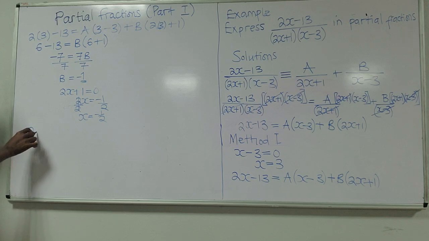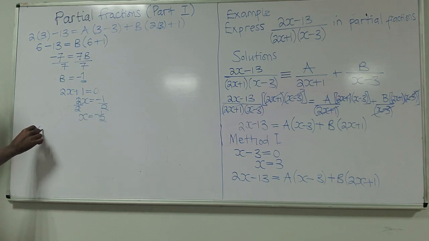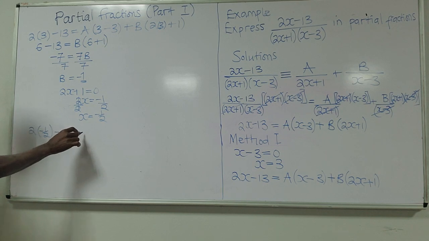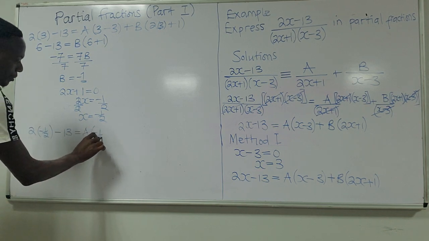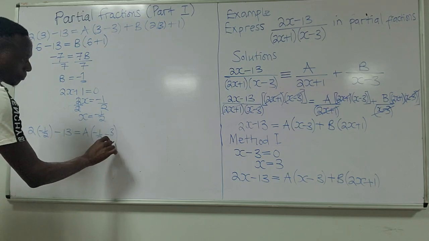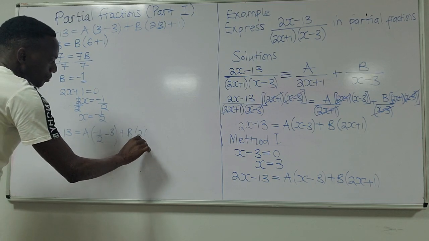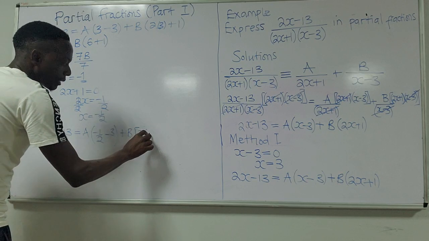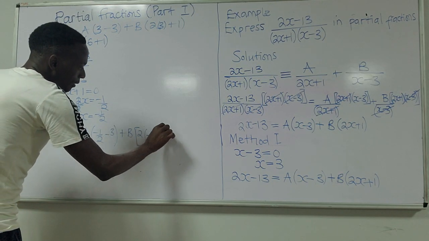So 2, where there is x, this is as good as when x is equal to, we put negative 1 over 2, so we substitute with negative 1 over 2 minus 13 is equal to a, open brackets, negative 1 over 2 minus 3, plus b, sorry, use square brackets, because we already have square brackets here, negative 1 over 2 plus 1.